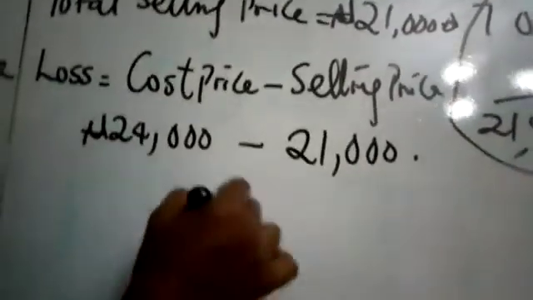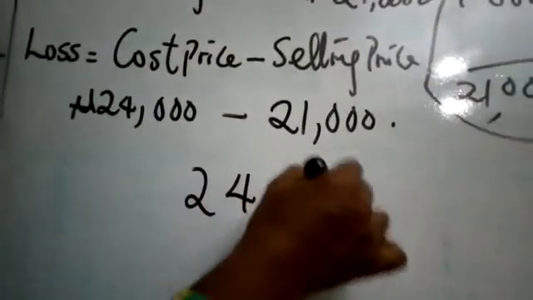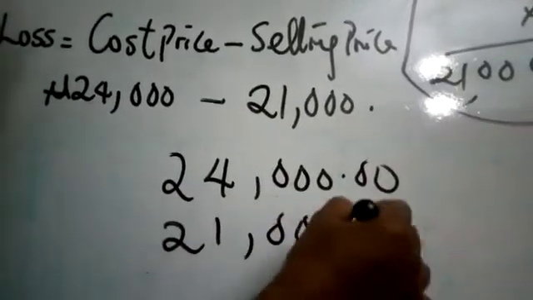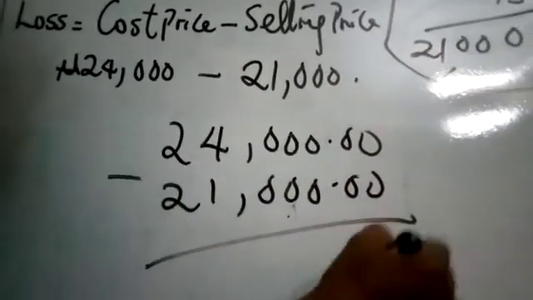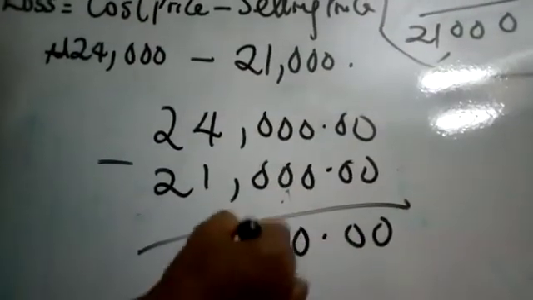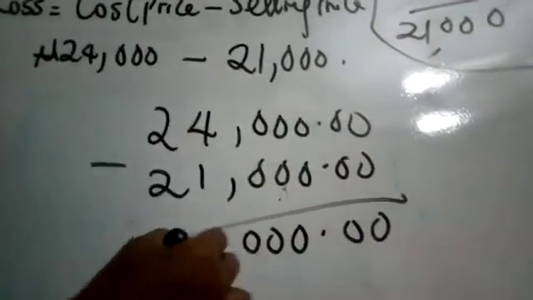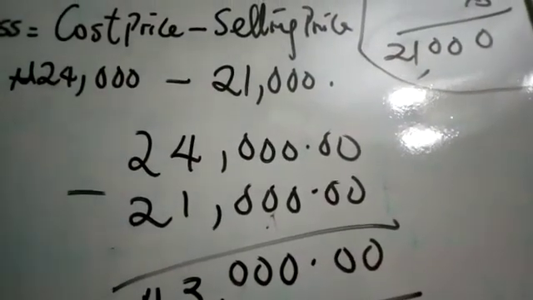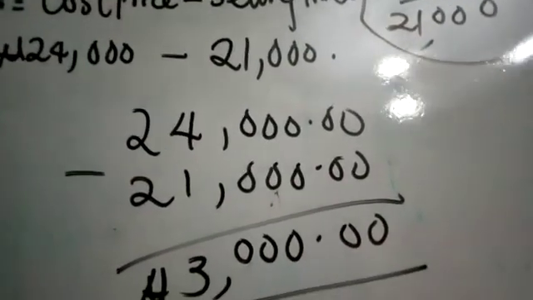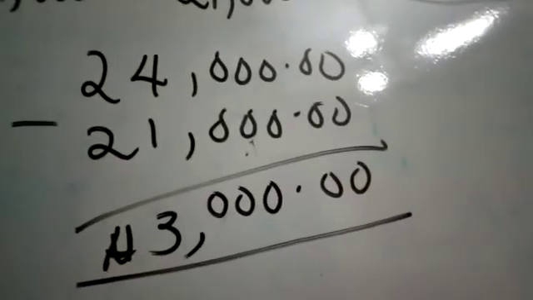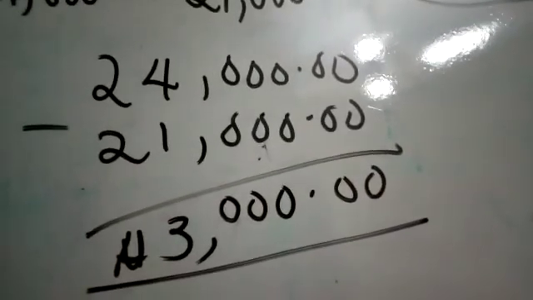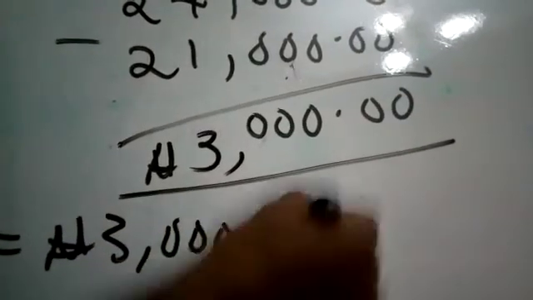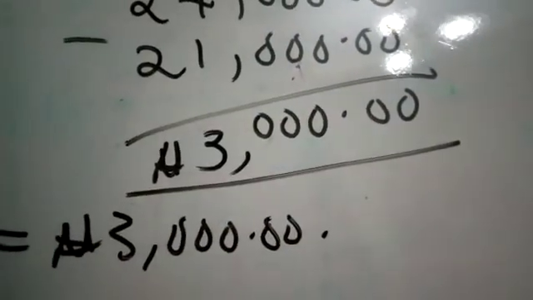So we subtract this. This will be the total amount Mr. James lost. So the loss is equal to 3,000 naira.